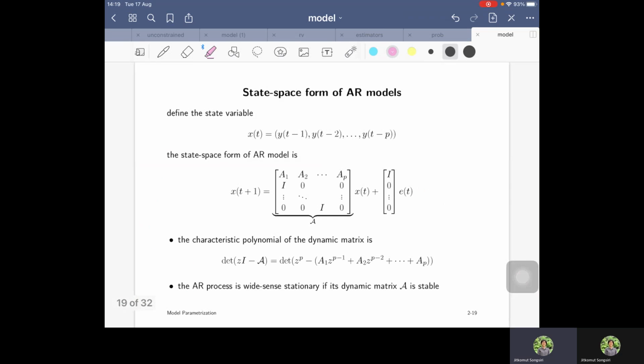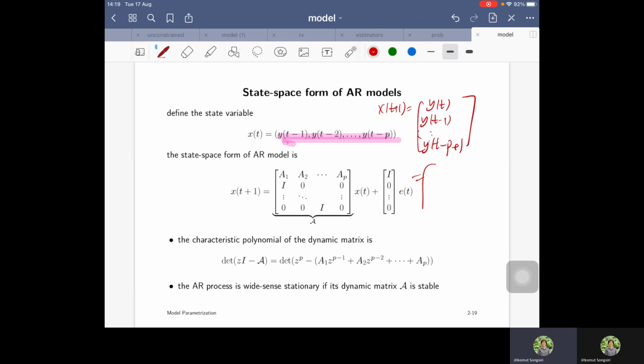And this is what we do. We define the state variable as all the p lagged outputs, y_{t-1}, y_{t-2}, then you just keep writing: x_{t+1} equals y_{t-1} up to y_{t-p+1}.